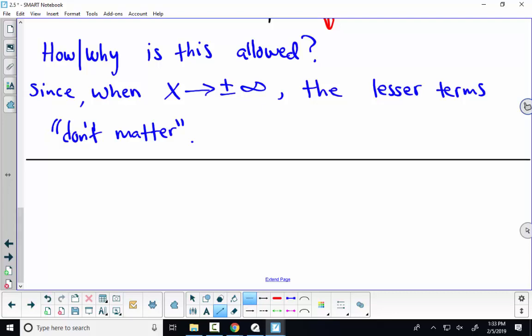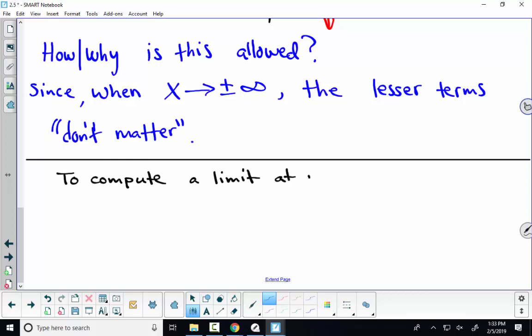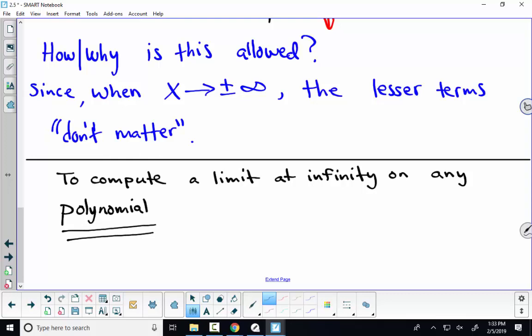But all of this is just telling us that to compute a limit at infinity on any polynomial, and let's be clear that we're just solely talking about polynomials at this point, we need only to look at the leading term.